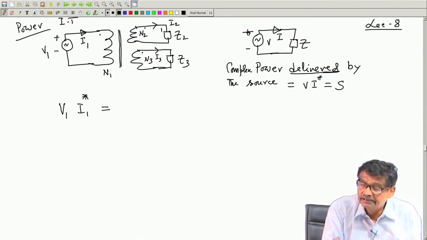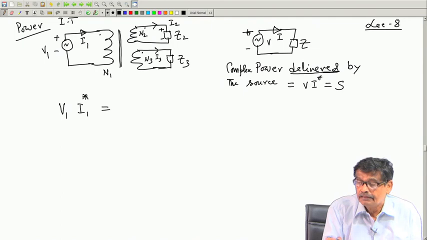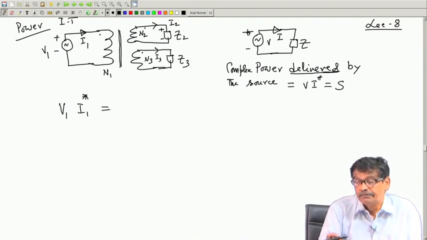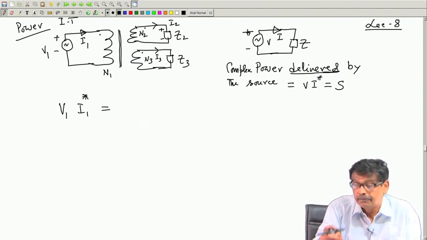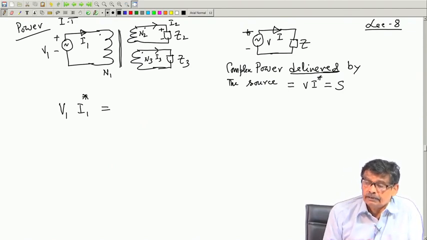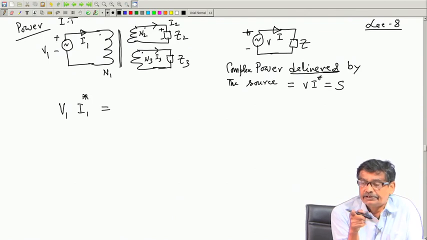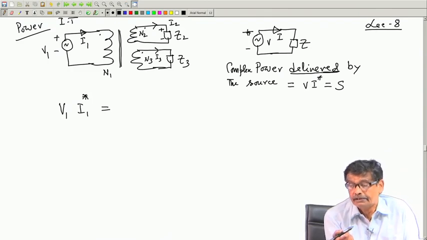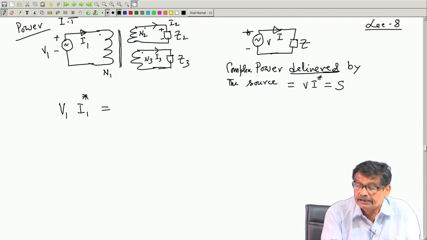if you see this is the voltage drop, because I 2 direction I have assumed, the voltage drop then has to be upper one plus, lower one minus. You can select the direction of I 2 in whichever way you like, but once you select that direction of I 2, remember the voltage drop polarity across that element is decided, then plus minus I can do.